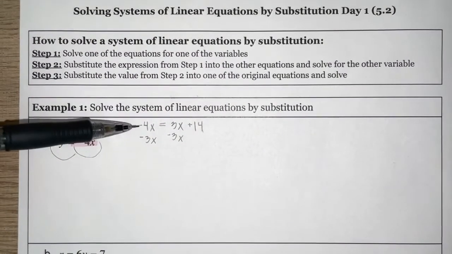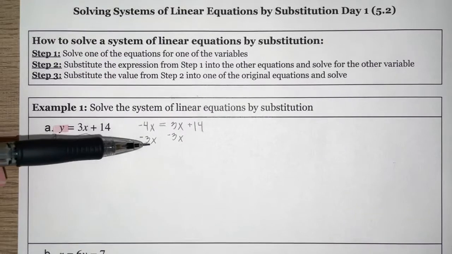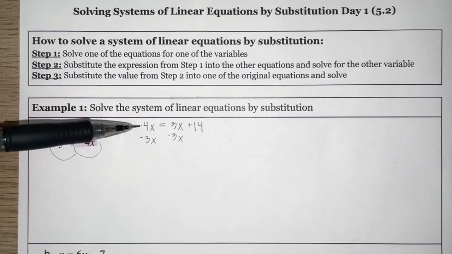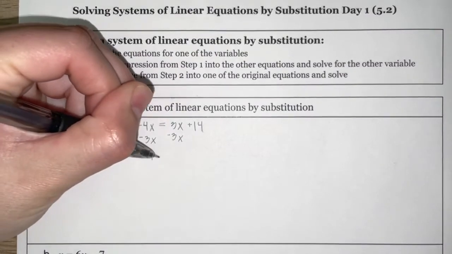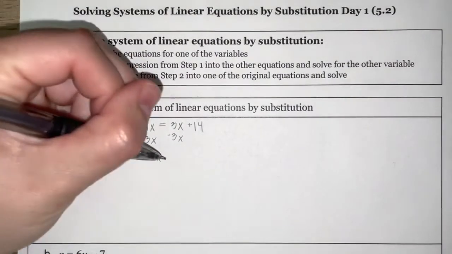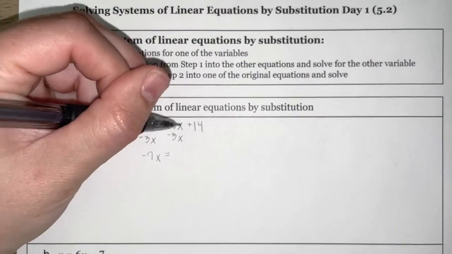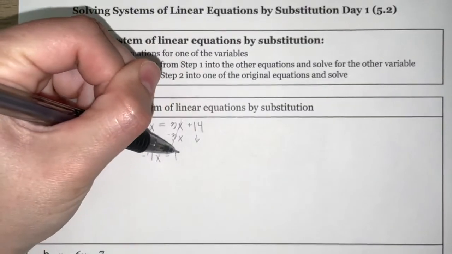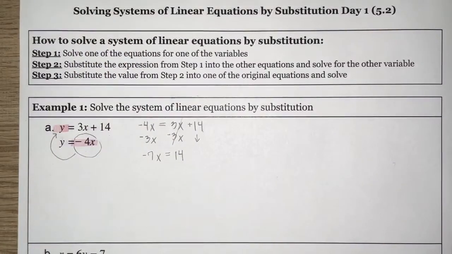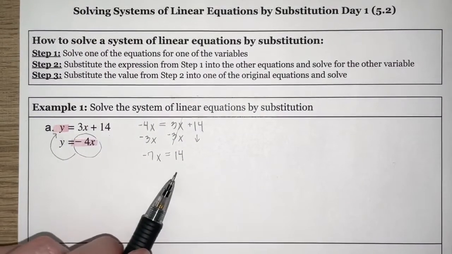So when I do that, negative 4x minus 3x, you subtract the coefficients, the numbers in front. Negative 4 minus 3 is negative 7x. And then equals 3x minus 3x, that cancels out, and then I'll bring down the 14. And then negative 7x equals 14.